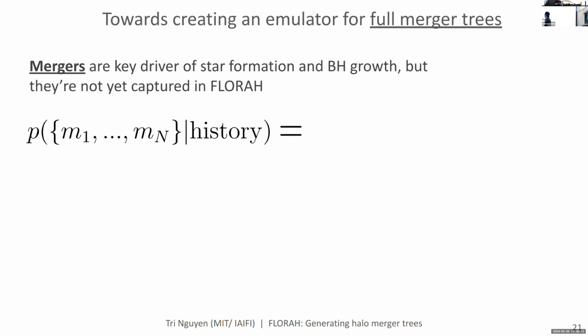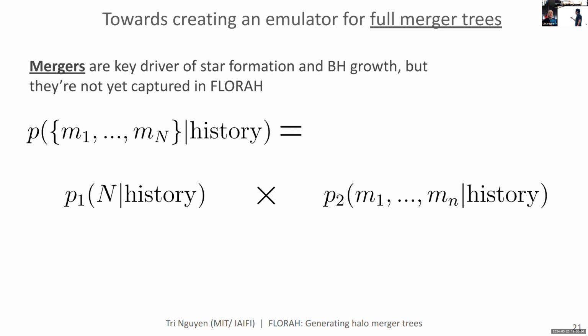Let's say that you pick a halo, and you have the entire history of the halo, basically down to z equals 0. The halo has some progenitors with some properties, which I'll just denote M1 to Mn. So this halo has the history here and some progenitor properties, which you can model as a set.